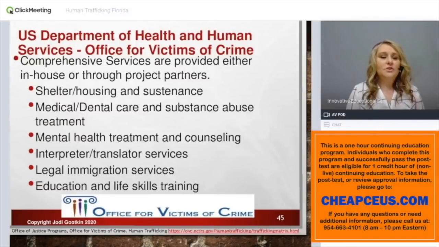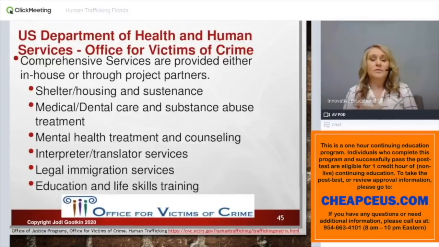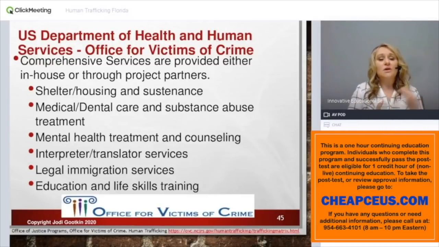The U.S. Department of Health and Human Services offers many other resources to individuals who qualify. There are so many different organizations, both government and community agencies, providing all different levels of care to individuals to try and get their life back on track.